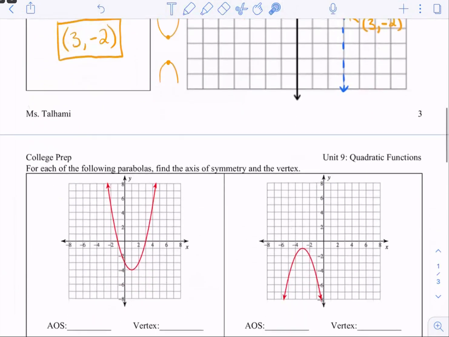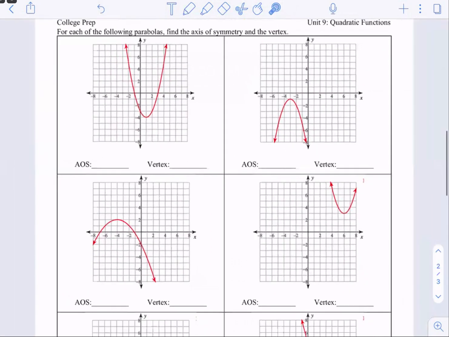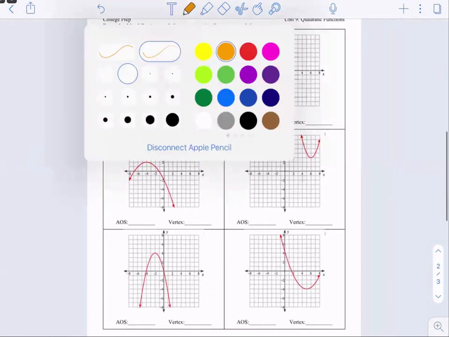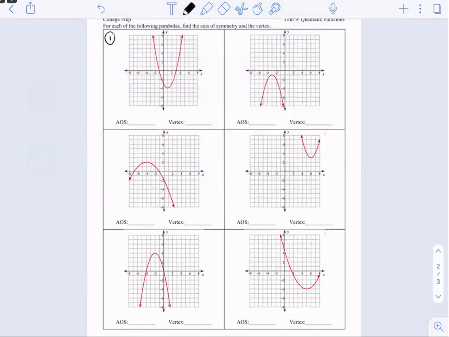So what I have for you here are 6 examples. I'm going to number them for you, because I did not. Here's 1, 2, 3, 4, 5, and 6.